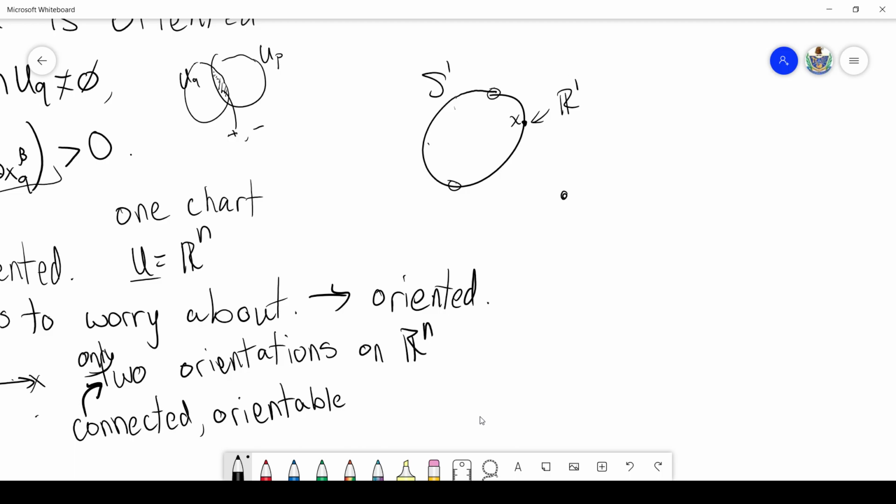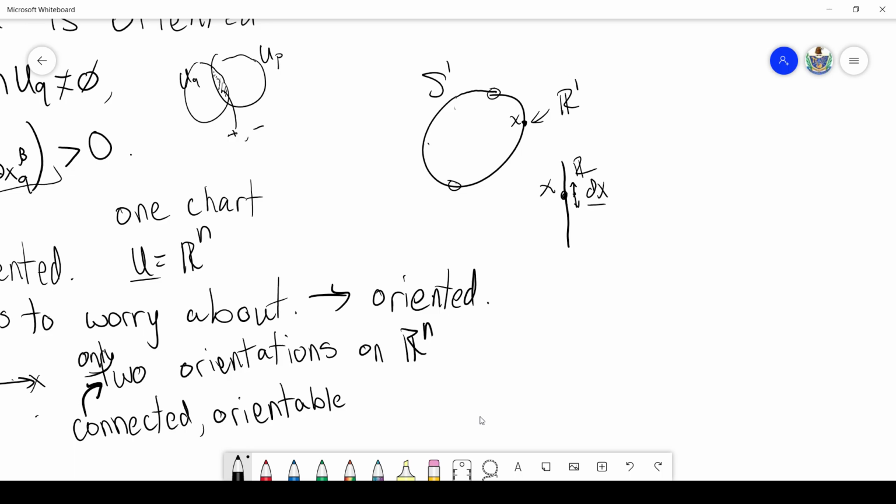If we have this point x and we zoom in, it looks like R. And R has a tangent space, right? We have two directions to go in, so we basically just have dx. So the tangent space is a one-dimensional vector space spanned by dx.